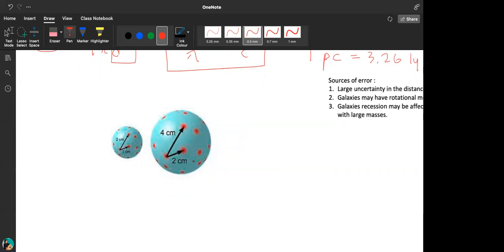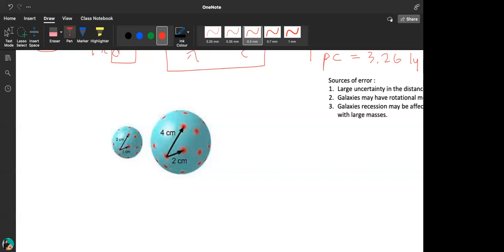When you inflate the balloon, the dots are moving away, but they are not exactly moving away. It's because the fabric is expanding that causes them to appear to be moving away, right? But it's actually the fabric expanding from inside out.